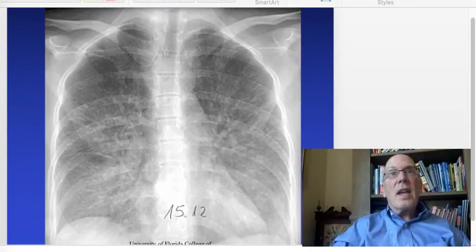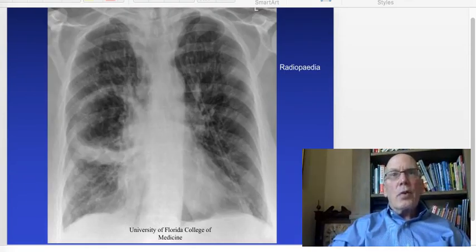This is a classic interstitial pattern, and this pattern is seen in Mycoplasma, Chlamydophila pneumoniae, and Chlamydophila psittaci, Legionella, and viral pneumonia: influenza, adenovirus, RSV, and CMV. This x-ray shows a large circular abscess on the right side with fluid in the base of the abscess.